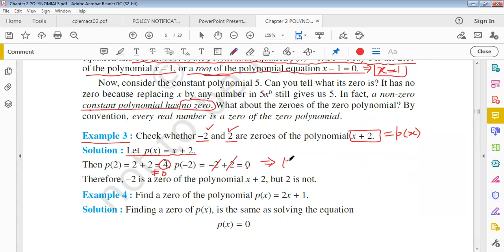As we are getting p of -2 equals to 0, then we can say x equals to -2 is the zero of the polynomial px. ये polynomial px का जीरो होगा.